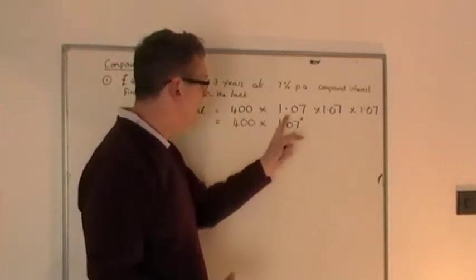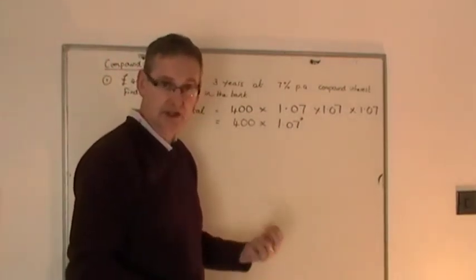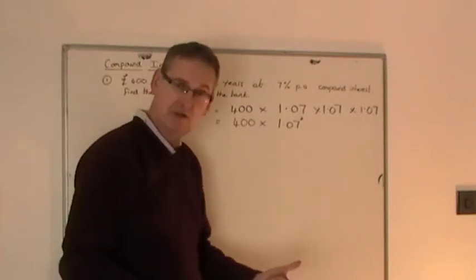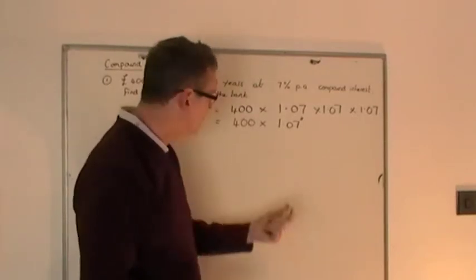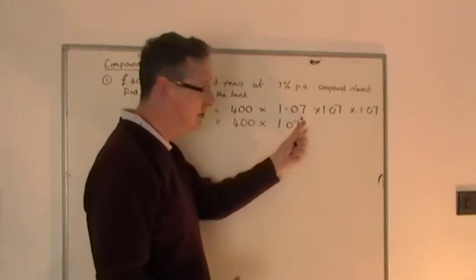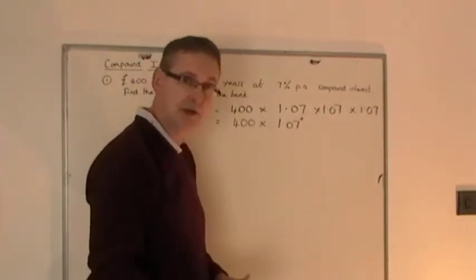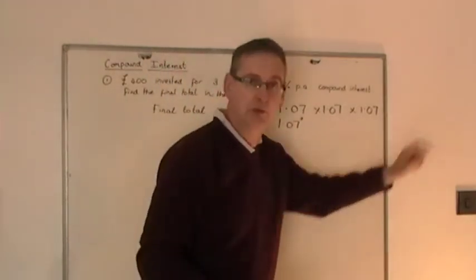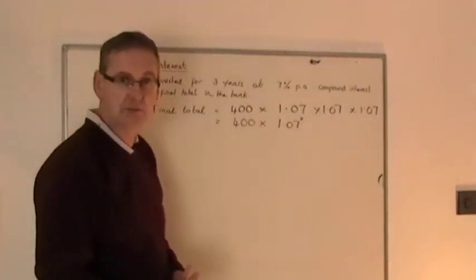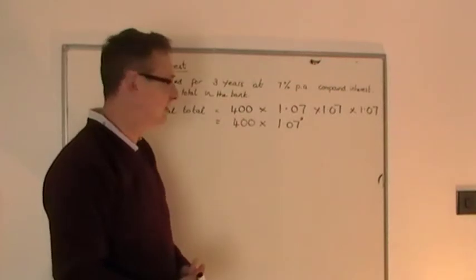So if you had 1.07 as a 7% increase and you were there for 27 years doing this, all you do is put 1.07 to the power 27. And so you make use of the power button and you don't have to write this 1.07 loads and loads of times, which would not be very practical to do.